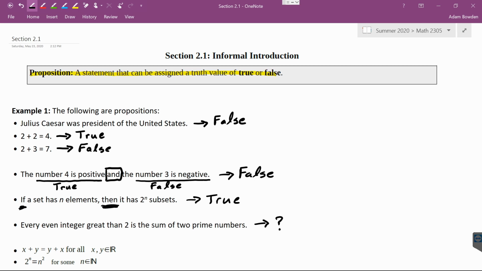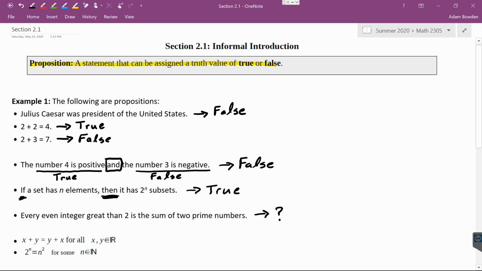Now for the next two below, I want to highlight the words for all and for some. The first one says x plus y equals y plus x for all x, y in the real number set. This is technically true, and it's only true because it applies to all x and y in the real numbers. If it failed to be true for all, then the whole proposition would be false.